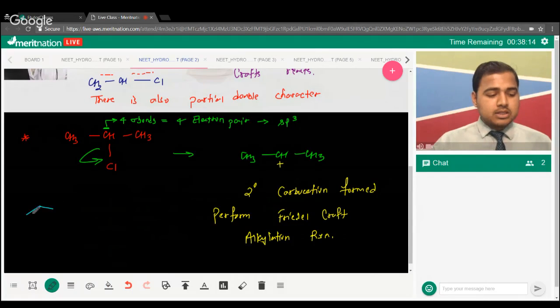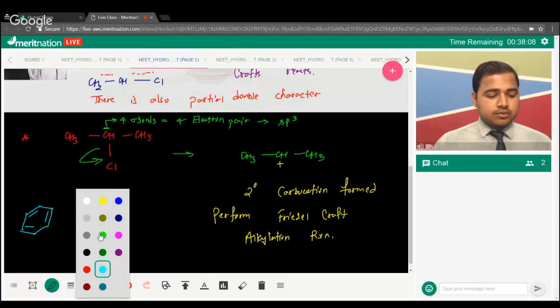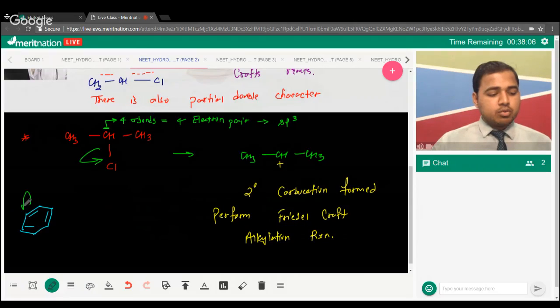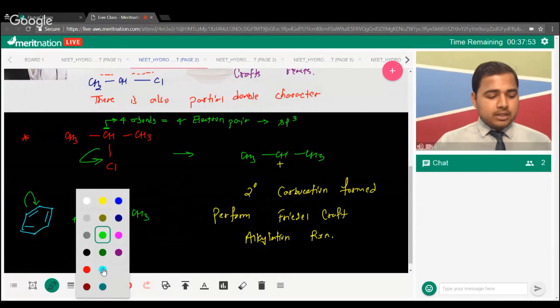So what happened? This is the benzene, and you know that benzene can break its pi bond in any one direction. So this bond is going to break towards this end, and this is the CH3CH, and this will be the CH3, and there will be the positive charge.